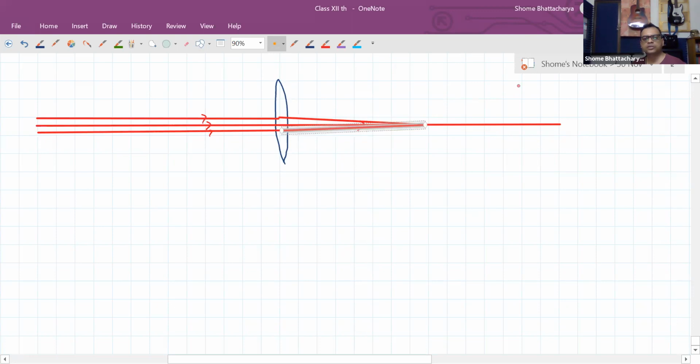So the light coming from the source which I had shown as S1, from a distant source S1 on the principal axis, has its image formed at S1 prime at the focal length.